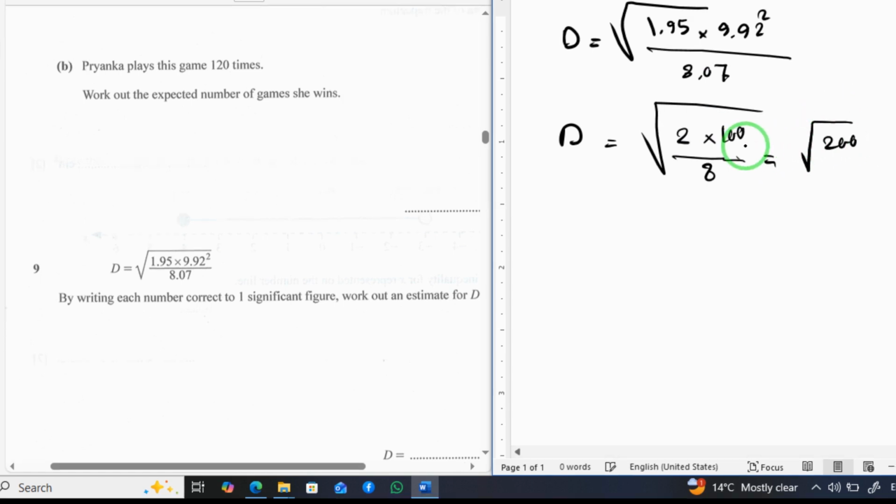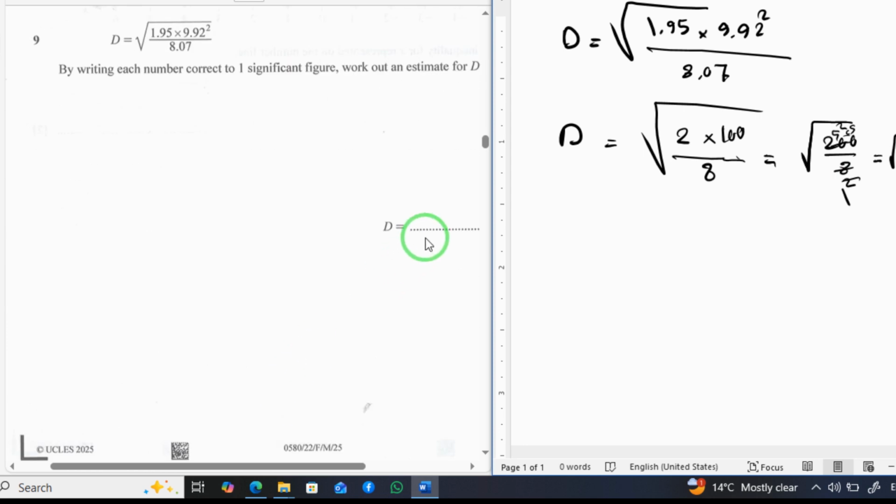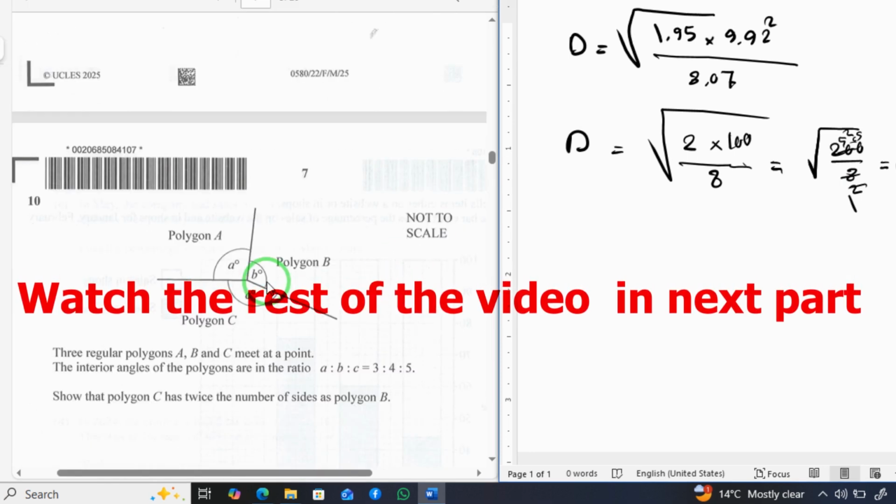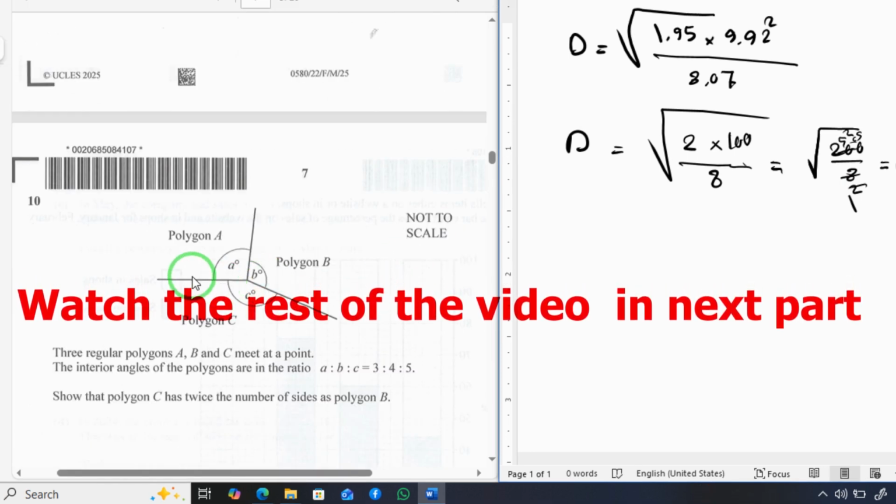So 200 over 8. Then we simplify. 2 times 4 is 8, 5 times 4 is 20, and here is 25. The square root of 25 is 5. This is the answer. We should write the answer of D here. Now we can solve question number 10.